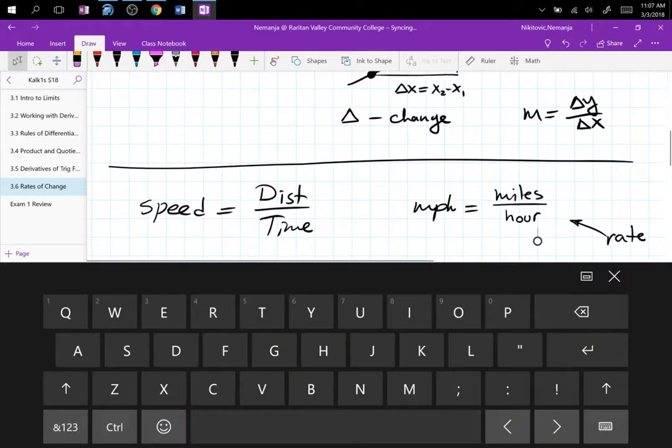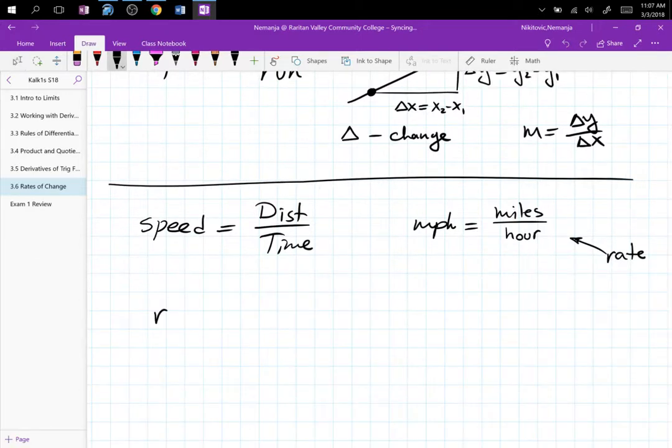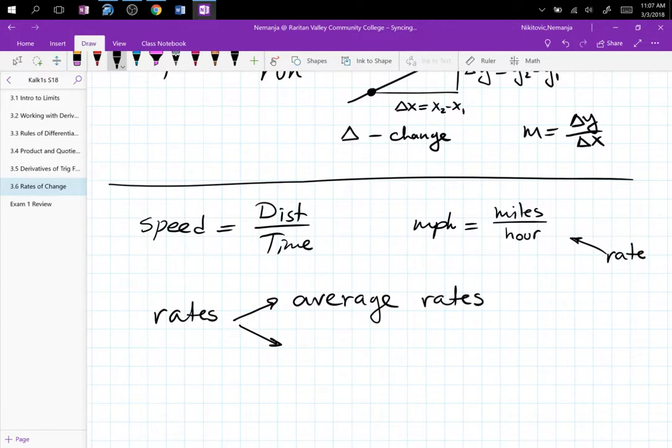Now our rates are going to split in two. They're going to split into average rates, and the average rates are just basic algebra or pre-calc formulas, or instantaneous rates, which are going to be derivatives.